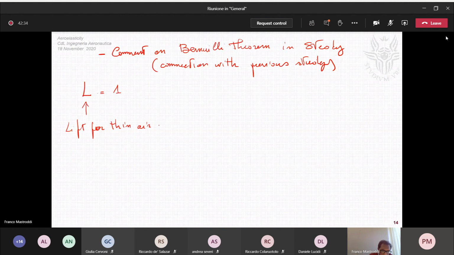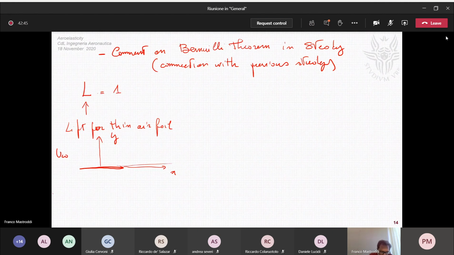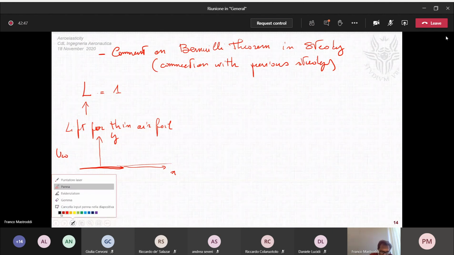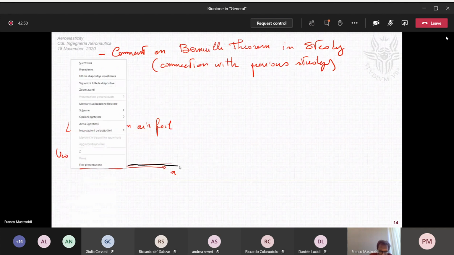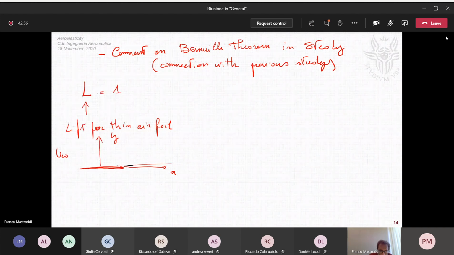So we have this airfoil, x, y, and this is u infinite, and this is the flow, and you have a wake.